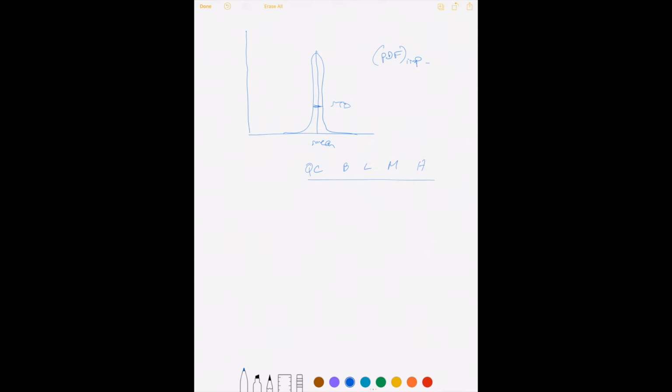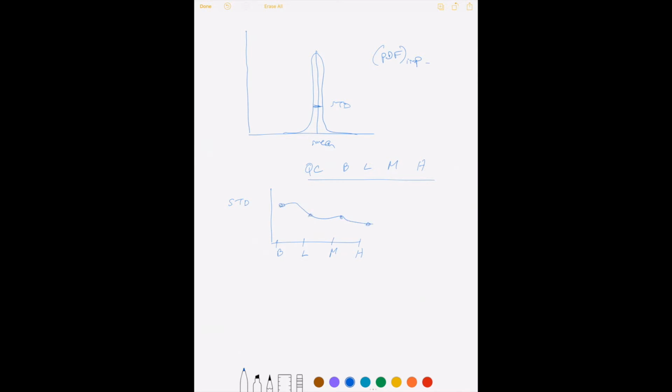There's no reason why the imprecision has to be the same on the instrument across all ranges of activity. In fact, they're not. And you can plot the standard deviation for the QC base, low, medium, and high for digital microfluidics and mass spec. And you get some curve, whatever.